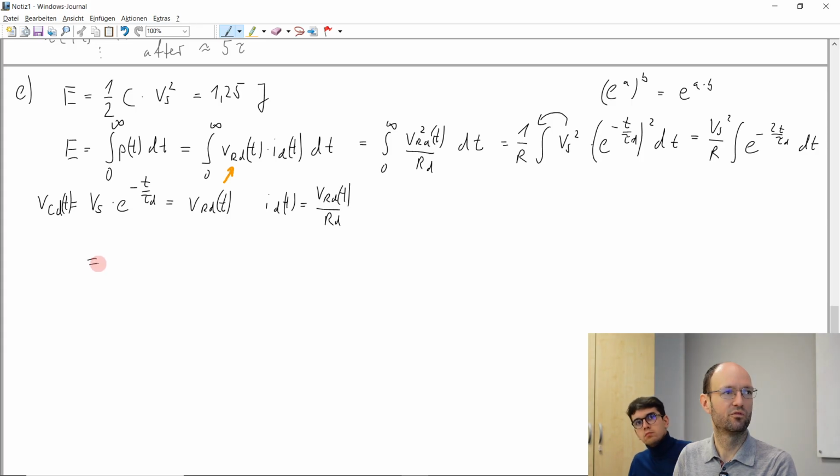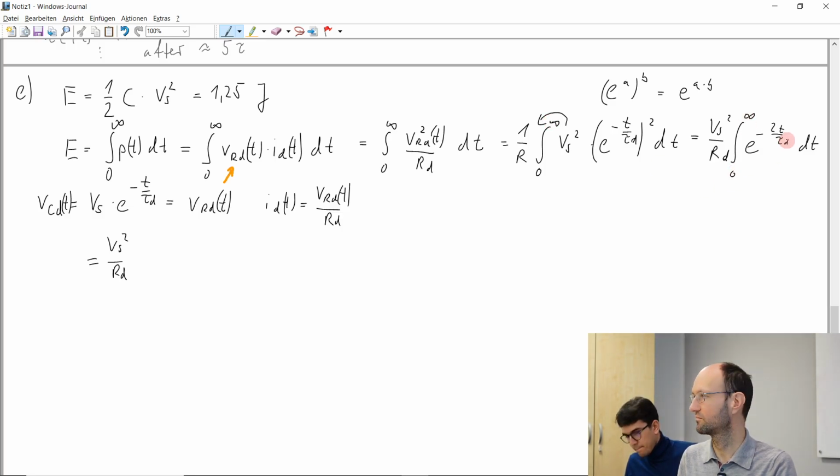Okay, so then I will continue to write here source voltage squared divided by the discharging resistor. Now we need to get the antiderivative of this exponential function: minus 2 divided by tau discharge times e to the normal exponent. The antiderivative of the exponential function is the exponential function, and now we need to divide by our inner derivative.